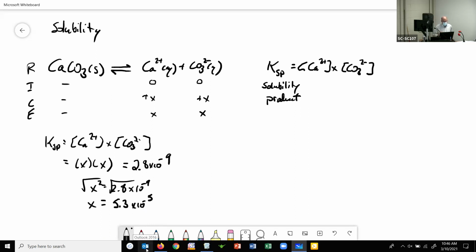So that would be the concentration of calcium ion, that would be the concentration of carbonate ion. And since the calcium and carbonate are both 1-to-1 with the original calcium carbonate, we would also say that's the solubility of the calcium carbonate.